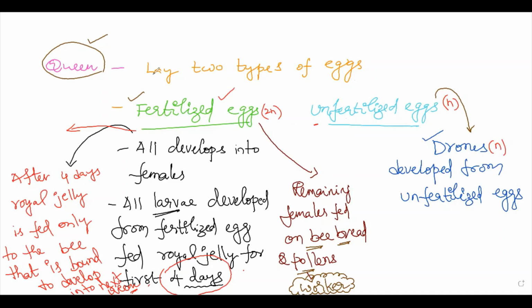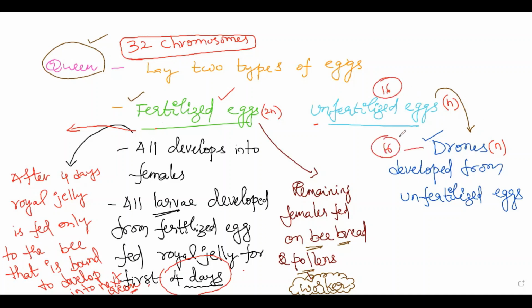Honeybees contain a total of 32 chromosomes, which are 16 pairs. In fertilized eggs, all the females receive 32 chromosomes, but unfertilized eggs contain 16 only, and these 16 chromosomes are present in the drones.